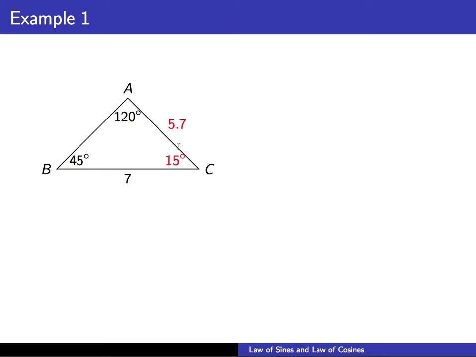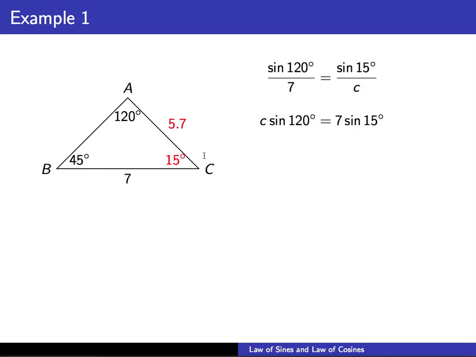So that means rather than do sine of 15 degrees over C equals sine of 45 over 5.7, what we're going to do instead is do sine of 120 over 7 again equals sine of 15 degrees over C. The reason why is this 5.7 is an approximation, and if at all possible, you want to avoid using approximations and estimates and roundings in your problem, because what will happen is your actual answer for C would be off a little bit from what it should be.